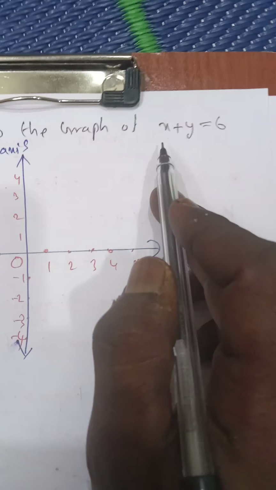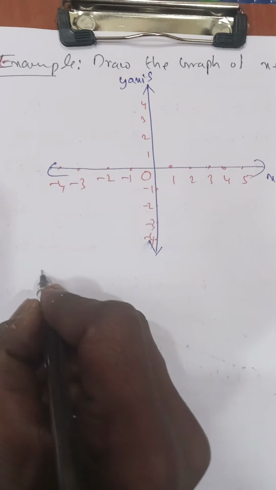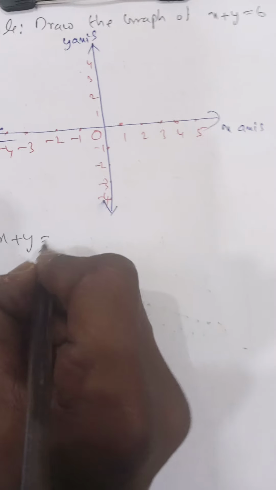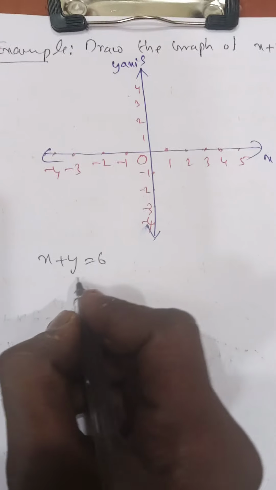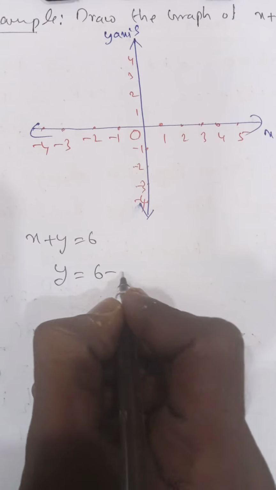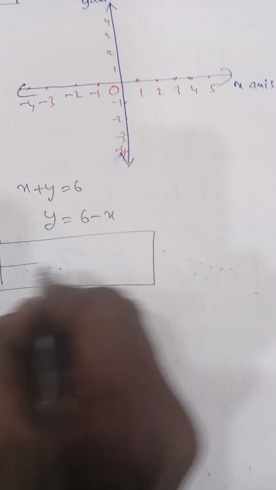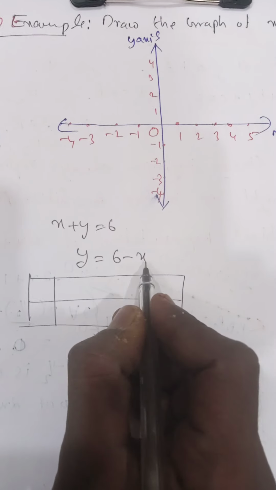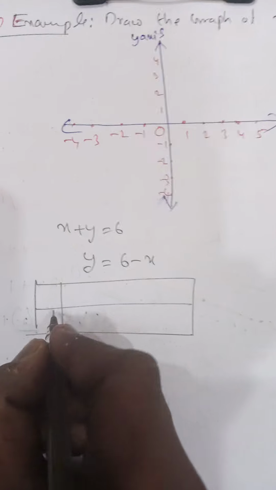Now I want to search for the points which satisfy this line. I am taking the linear equation x plus y equals 6. If I make y the subject, we get y equals 6 minus x. Now I want to find the ordered pairs which satisfy this linear equation in two variables.